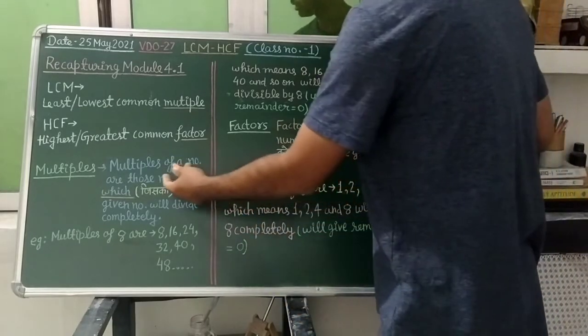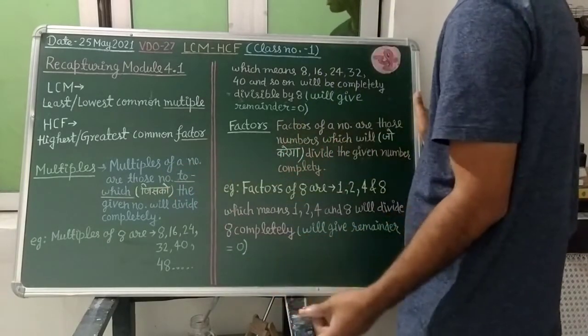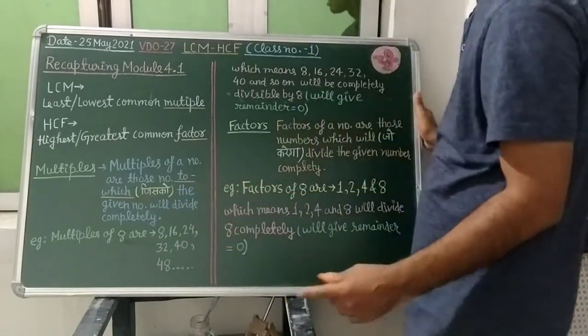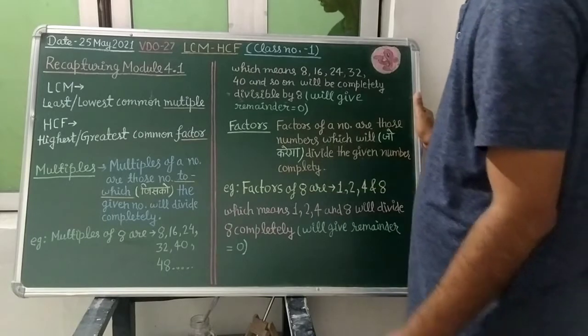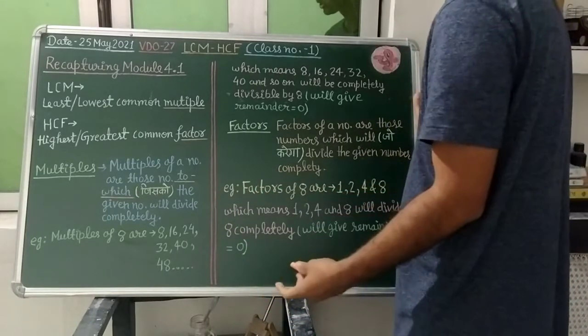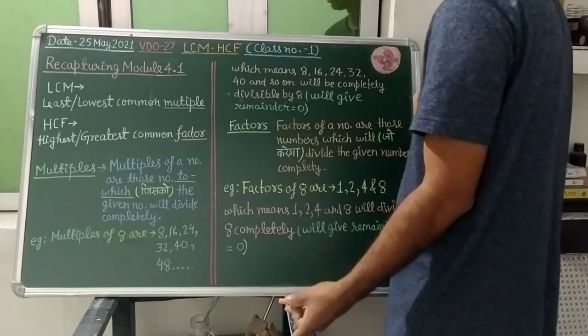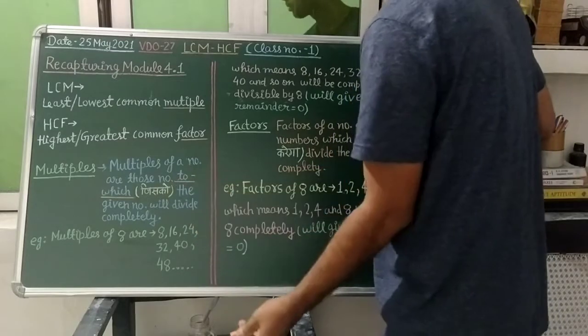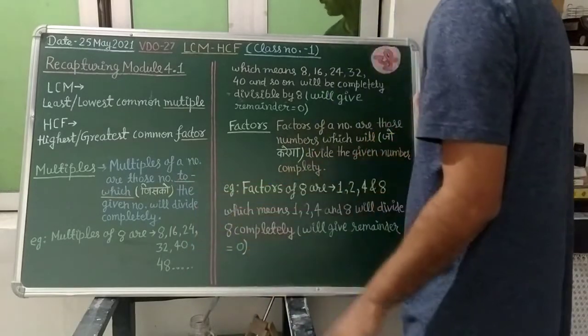Multiples of a number are those numbers to which the given number will divide completely.